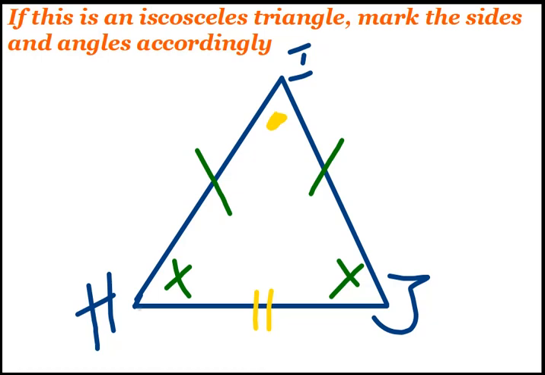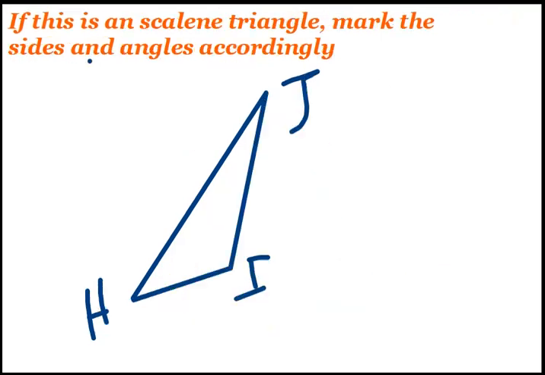So looking at this, we can see that the triangle has HI and IJ equal to each other because they have the same number of lines on them. And we can see that angle H and angle J have 2 green crosses, meaning they're equal to each other. So in an isosceles triangle, if 2 sides are equal, then the 2 opposite angles are equal to each other. Let's have a look at our next question.